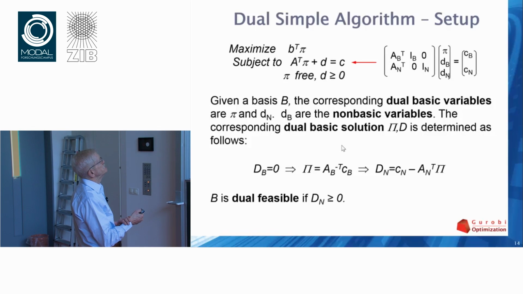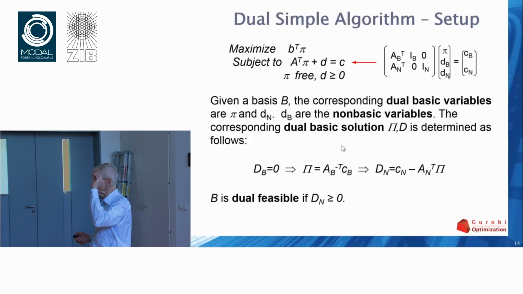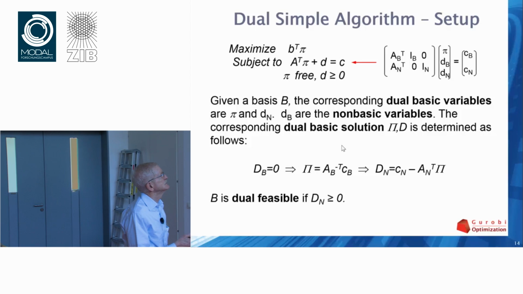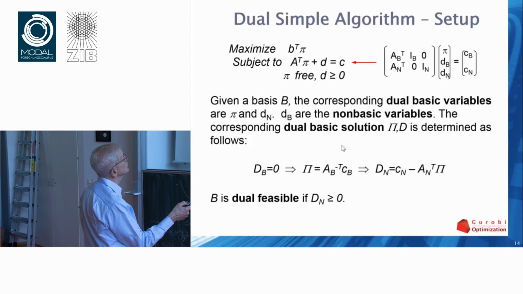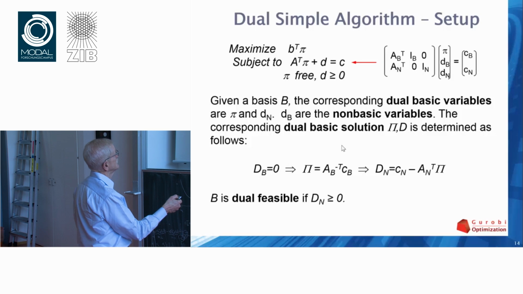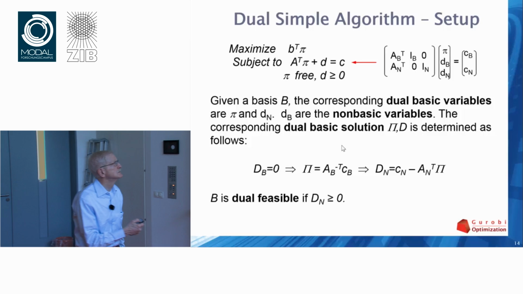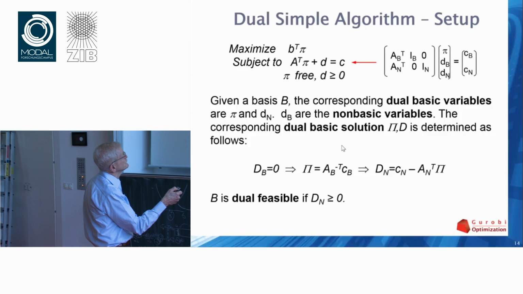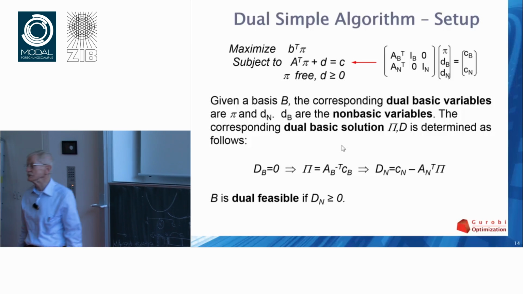If you set d_B equal to 0, then by substituting 0 for that thing in here, you can solve A_B transpose pi equals c_B, which gives you this formula for the values of the pi variables. And then by substituting in those pi, multiplying by A_N, subtracting from the right-hand side, you get the d_N variables.